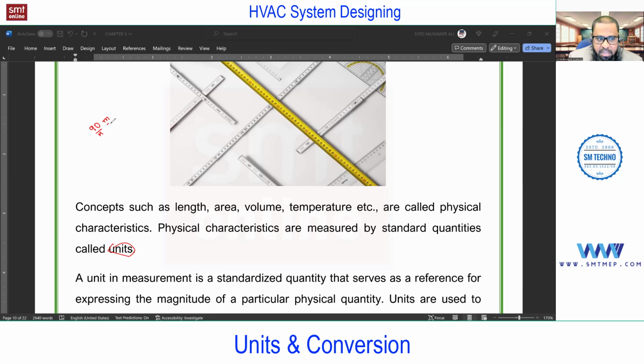Remember, meter is a unit and 90 is a magnitude, and combined they give a sense or value. Simply 90 can mean anything. Are you getting my point?